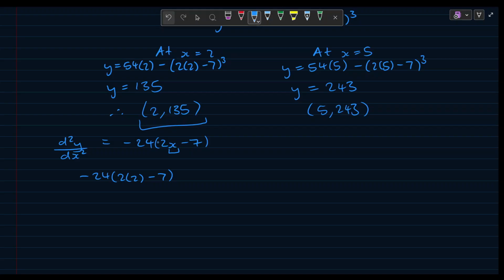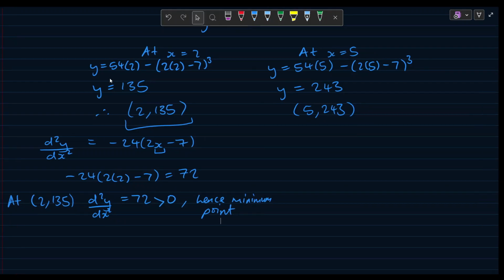Let's punch this into the calculator, and this gives us 72. So at the point (2, 135), our second derivative d²y/dx² is equal to 72, which is greater than 0. So it means it's positive. It means that this here is going to be a minimum point.